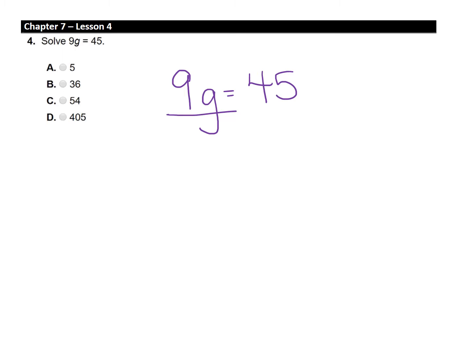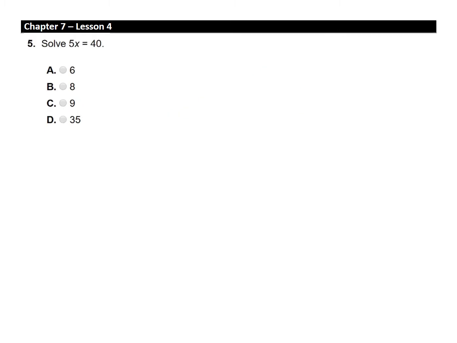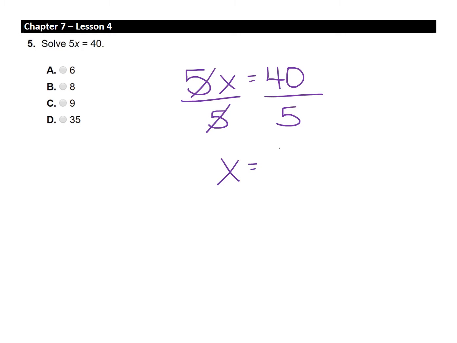So we're going to divide by 9, g equals 5. Answer choice A. Lesson 4, question 5, 5x equals 40. So we're going to divide by 5, that cancels each other out, x equals 8.